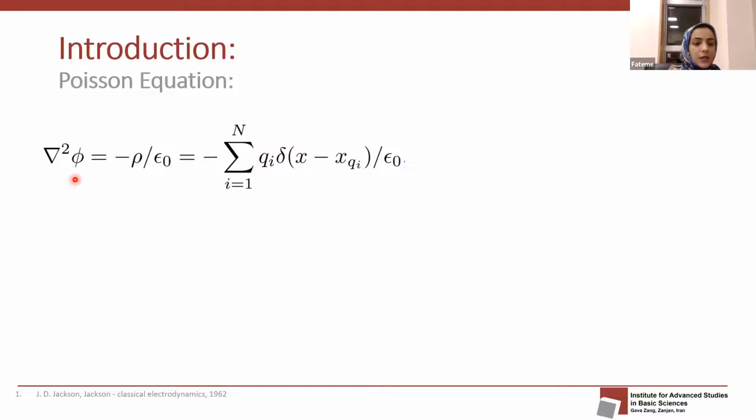Here phi is the potential and rho is the charge density function. In our case, rho is discretized, and we can show it by this. And here epsilon 0 is the vacuum permittivity, and it is constant here.